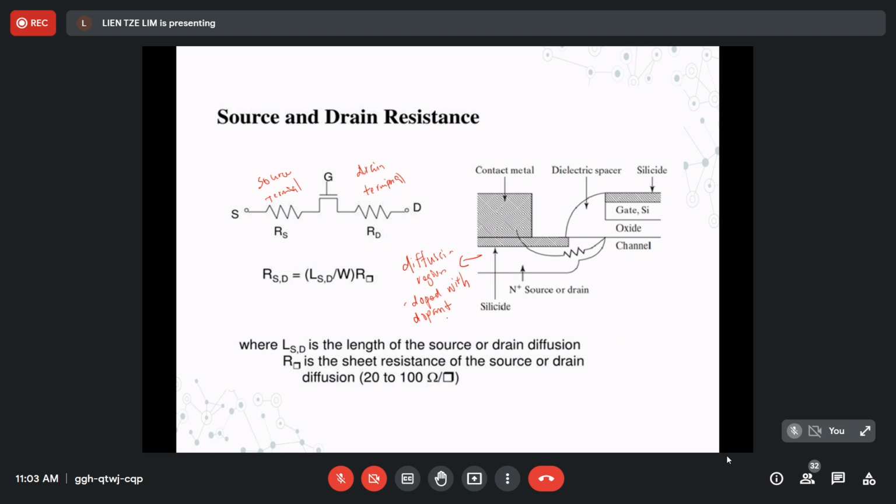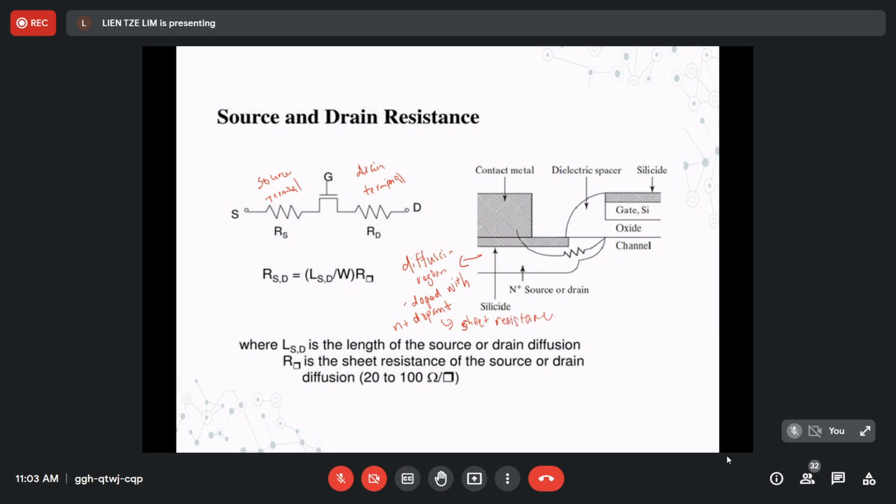The dopant here is N plus, an N-type dopant. The N-type dopant can give some resistance. The resistance here we call the sheet resistance.